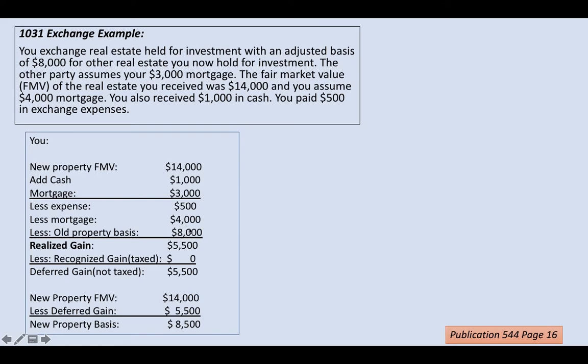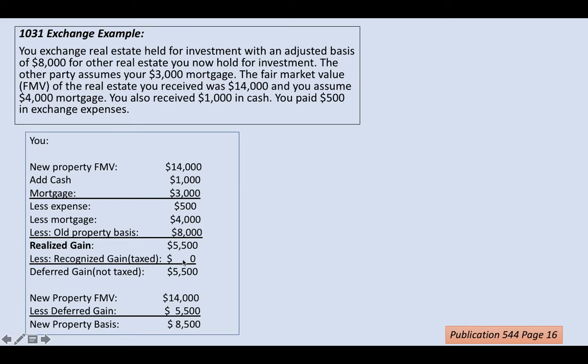Then the basis you give up is $8,000. So the total you received minus your total given up, you will have a realized gain of $5,500.